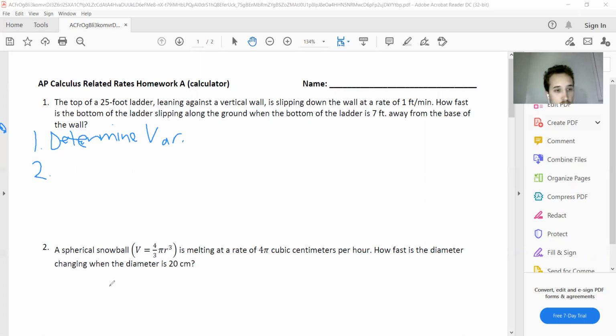Two, determine formula. Three, implicitly differentiate that formula.